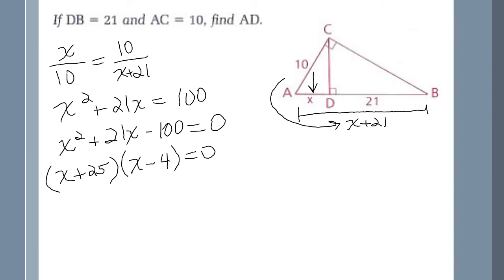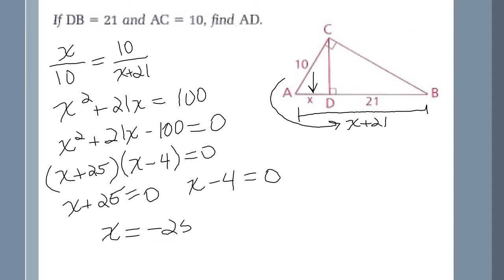So we set both of these equal to 0: x plus 25 equals 0, and x minus 4 equals 0. So I get x is equal to negative 25 or positive 4. Well, we already know that because we can't have a negative value, this is out. So the value of x has got to be 4. And so that's our final answer.